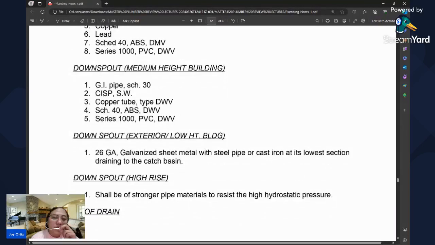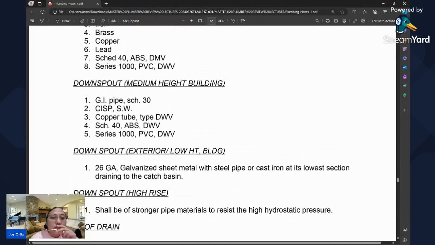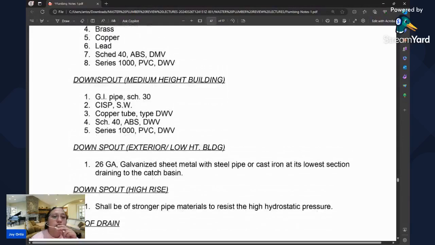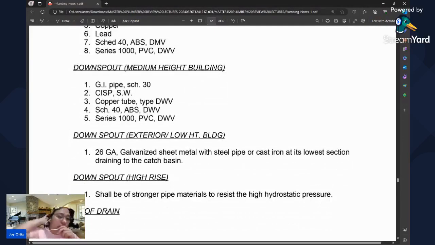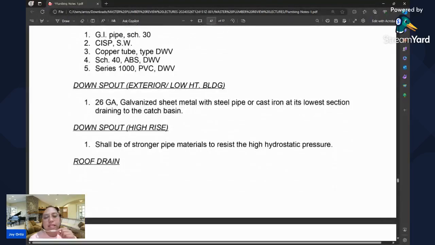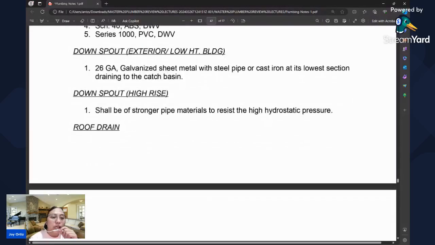For the downspout of a medium height building, we can use GI pipe Schedule 30, CISPSW, I don't know that one, copper tube type DWV, Schedule 40 ABS DWV, Series 1000 PVC DWV. For the downspout, we can use 26 gauge galvanized sheet metal with steel pipe or cast iron at its lowest section draining to the catch basin.